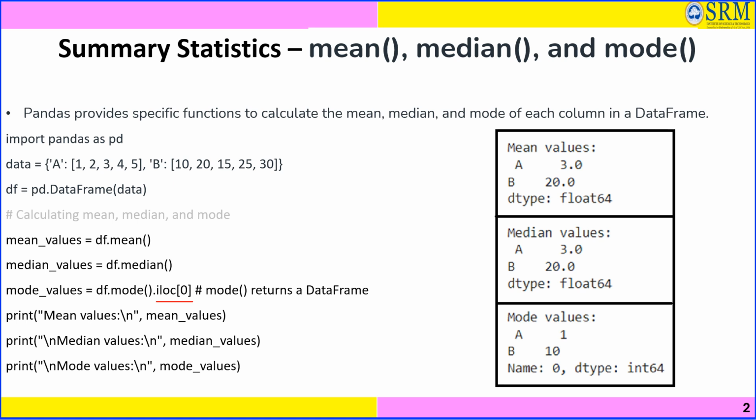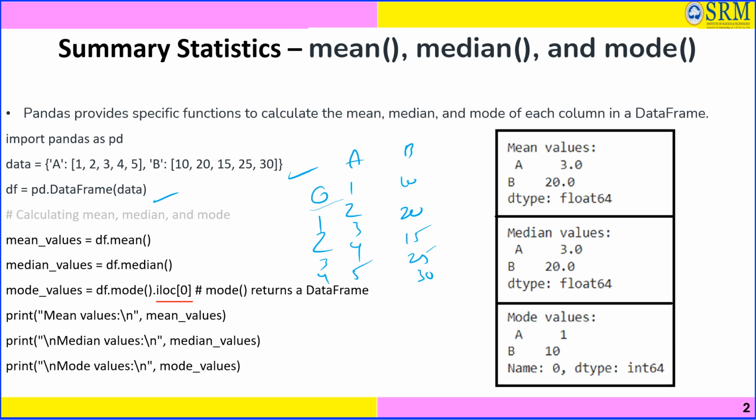Then one more code. Here there are two columns, A and B. A is 1, 2, 3, 4, 5, and then B is 10, 20, 15, 25, and 30. First you have to frame a data frame. Automatically the index will be 0, 1, 2, 3, 4, like that.